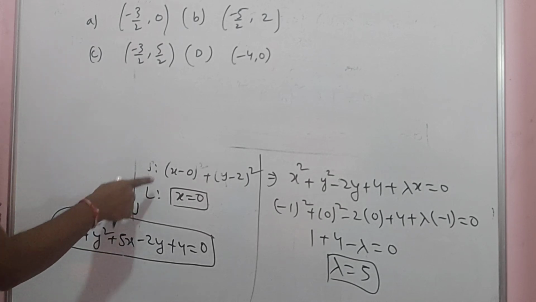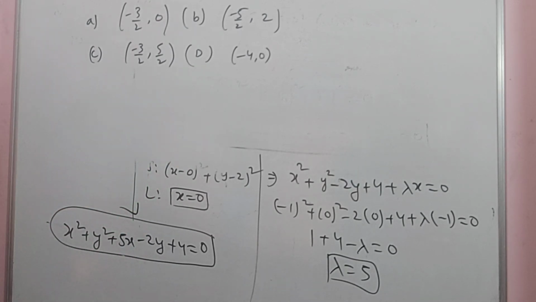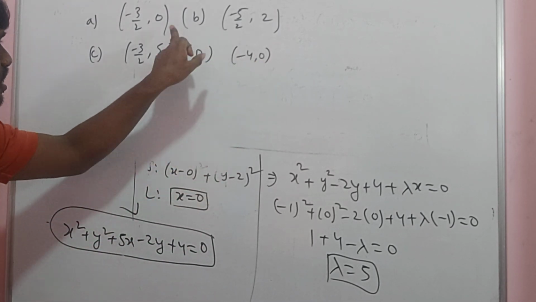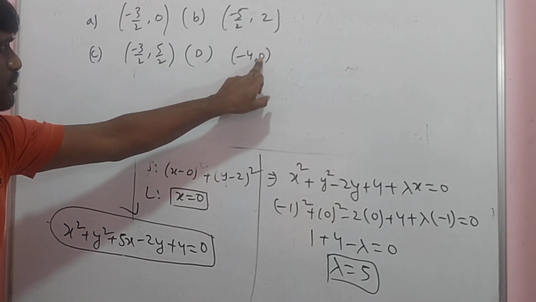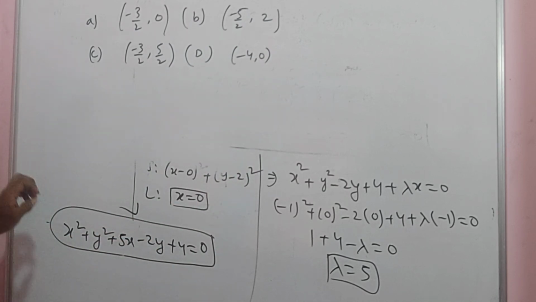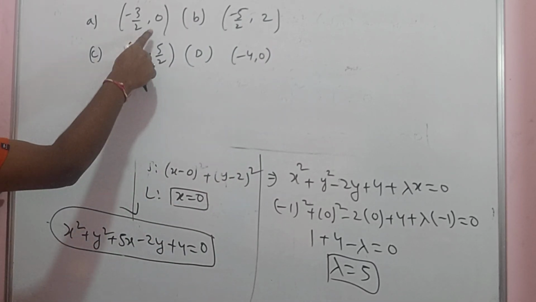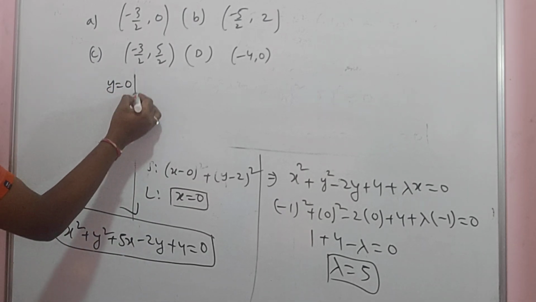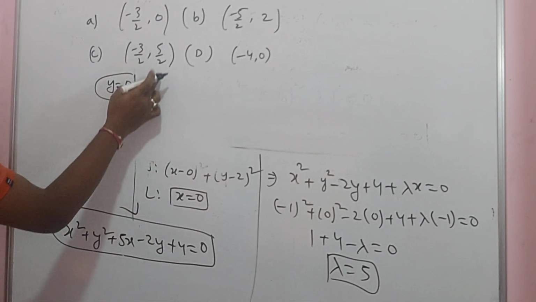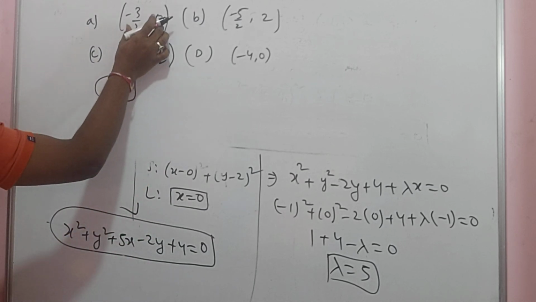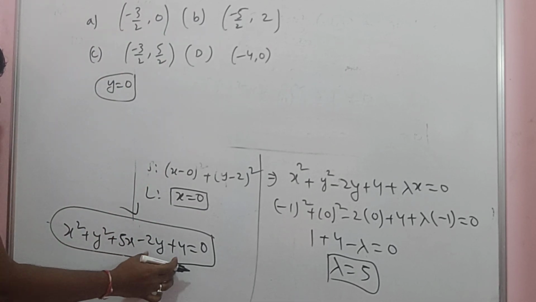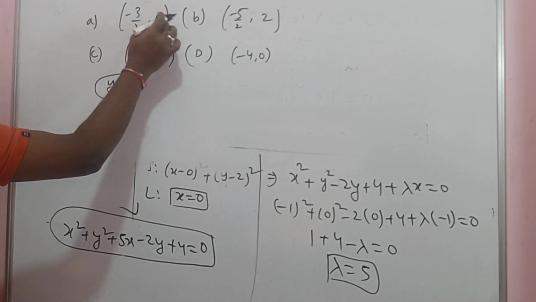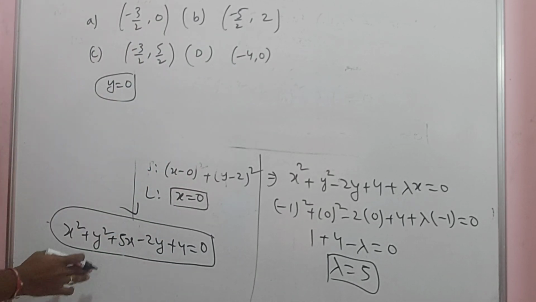The options are very simple. Substitute y equal to 0 in this, and you will see whether the x value is satisfied or not. Otherwise you have to substitute each point in this circle, and that will take a lot of time. So substitute y equal to 0 and you can eliminate options.